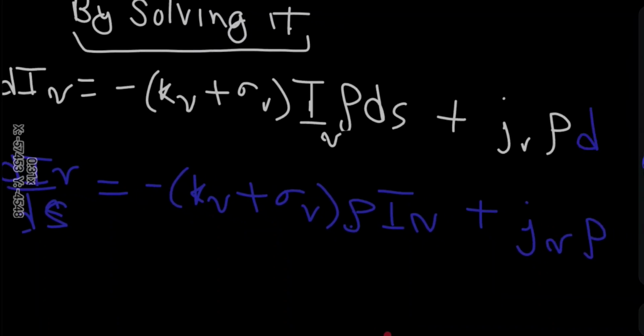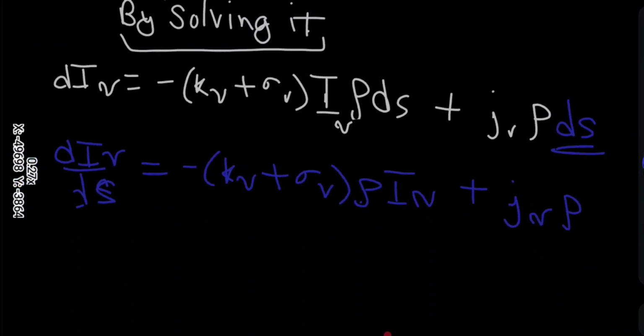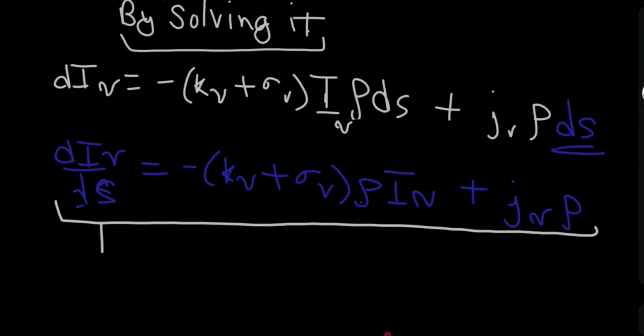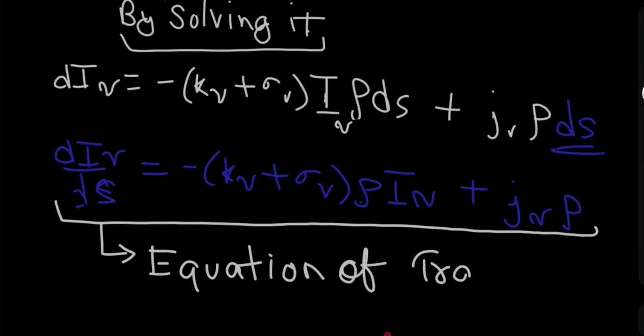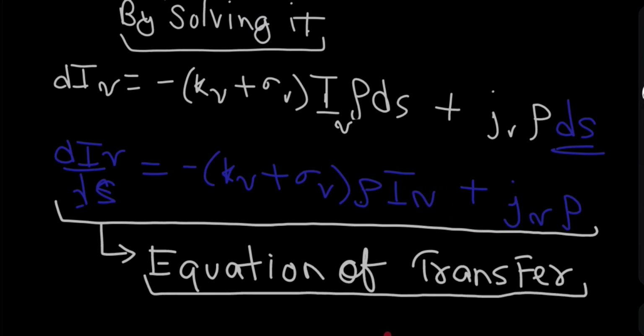Here the ds term is missing, sorry for that. So this is the wholesome equation which we were trying to derive, and this is your equation of transfer, where all three things, absorption, emission and scattering of the radiation, are happening.